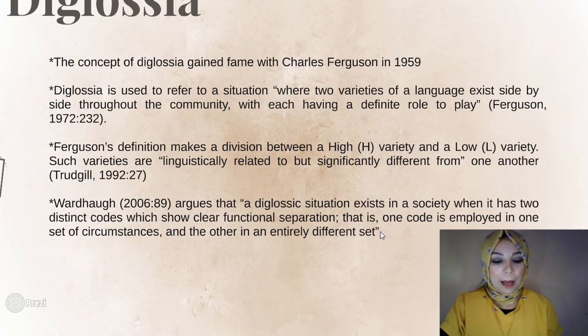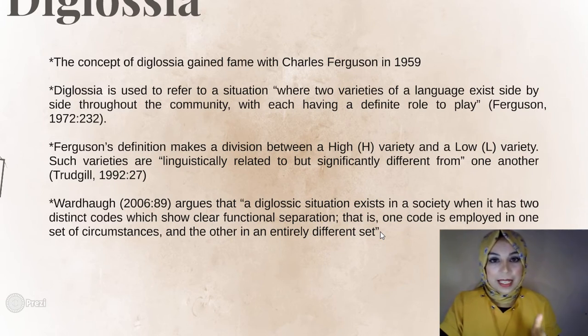I can give you an example. We take Arabic as an example. Arabic is, of course, a language, and this language can have more than one variety, actually 2 varieties or more. These varieties, according to Ferguson, can be classified as high varieties and low varieties.